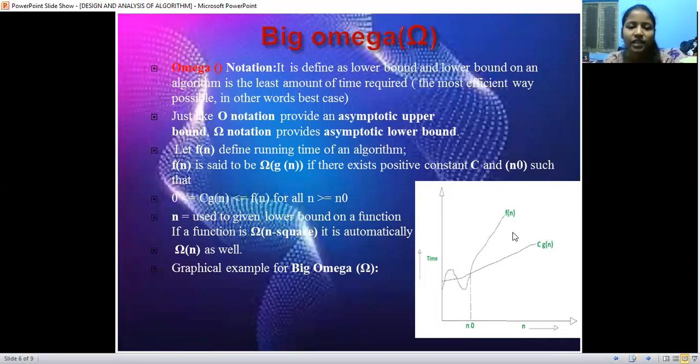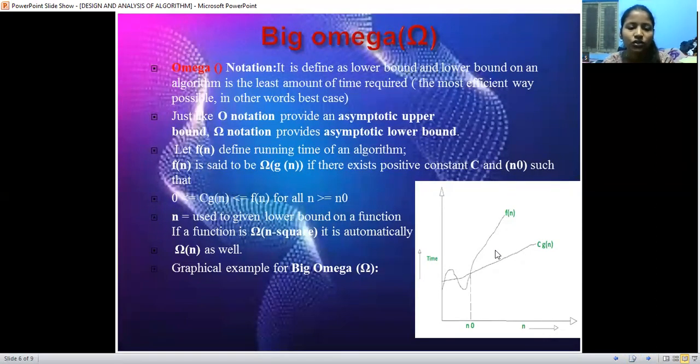Let f of n define the running time of an algorithm. f of n is said to be omega of g of n if there exist positive constants c and n naught such that 0 is less than or equal to c g of n, which is less than or equal to f of n, for all n greater than or equal to n naught.